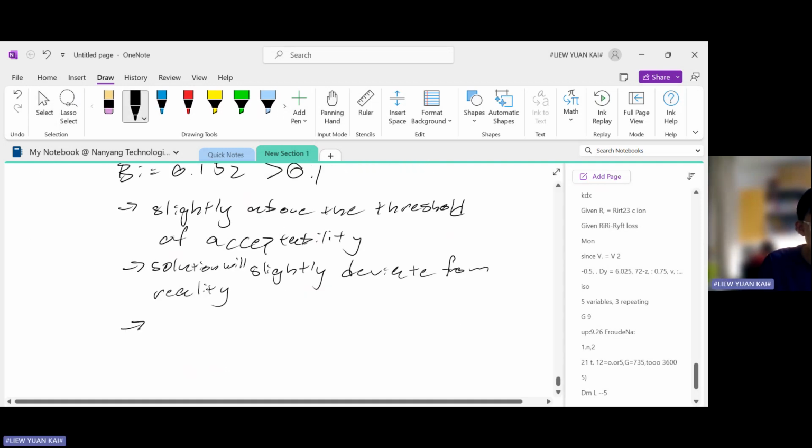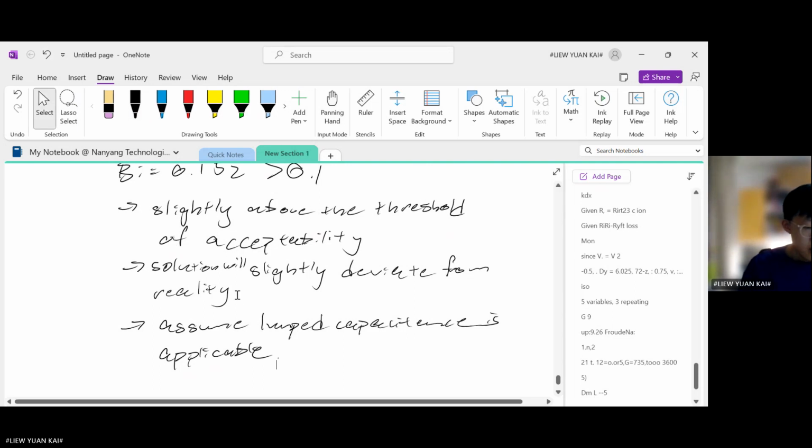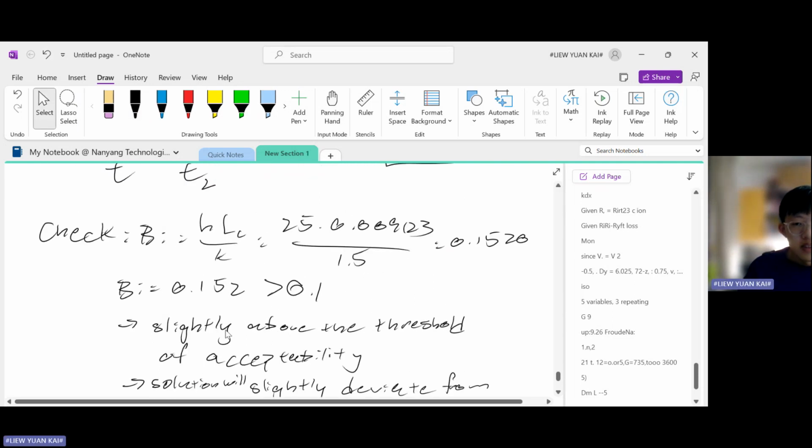So we need to make an assumption, and our assumption is that lumped capacitance is applicable.